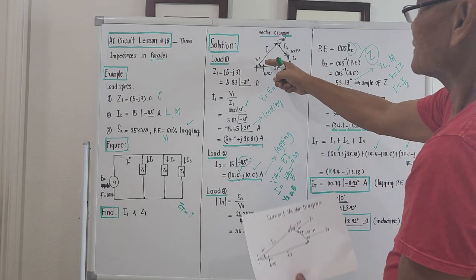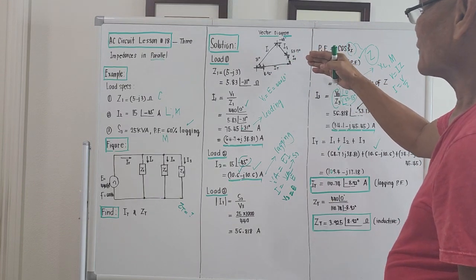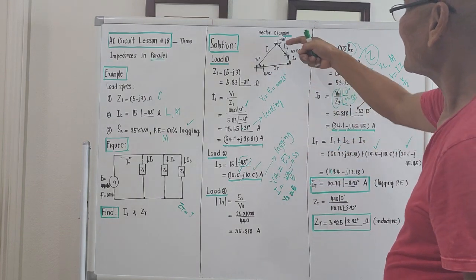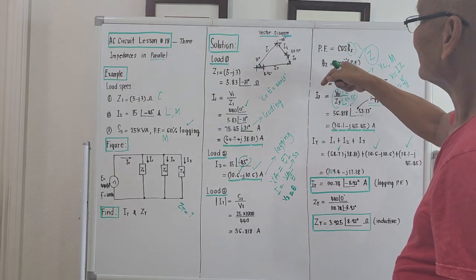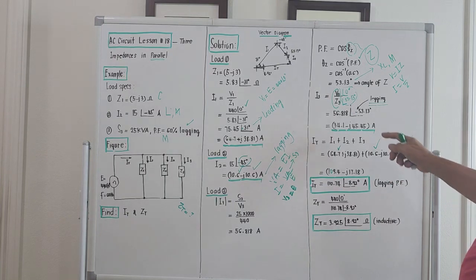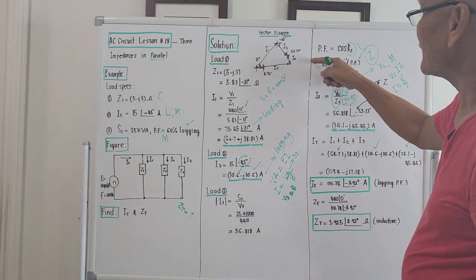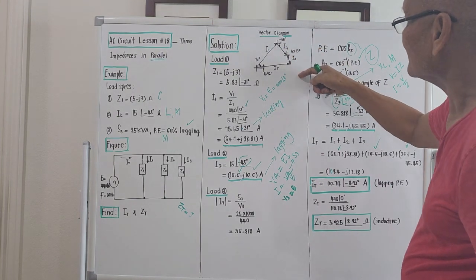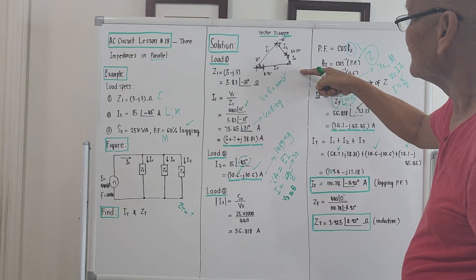So this is 31 degrees. The angle of I2 with respect to the horizontal is negative 45. Horizontal line, vertical line, this is negative 45 downward. And the angle of I3 with respect to the horizontal is negative 53.13. So vertical, horizontal, negative 53.13. So this is I1, this is I2, this is I3.